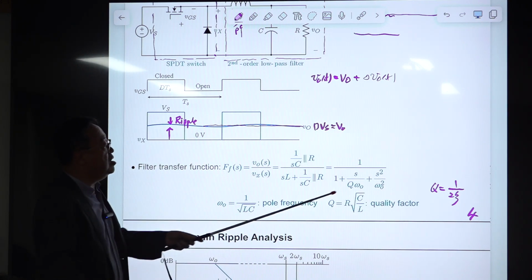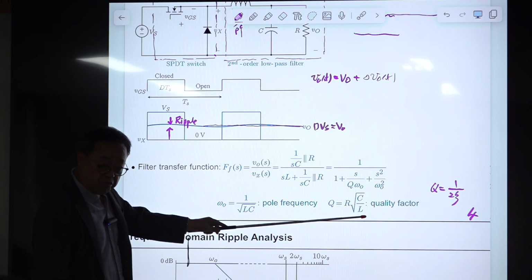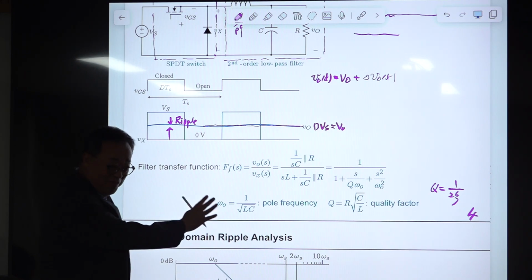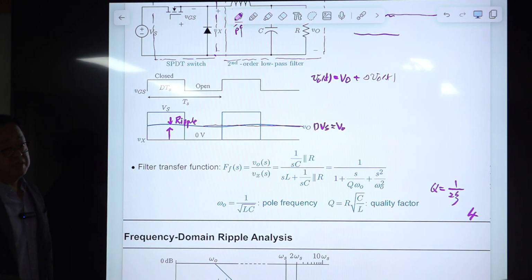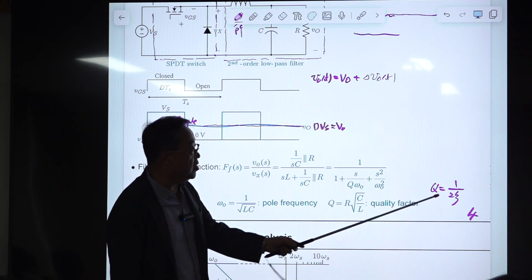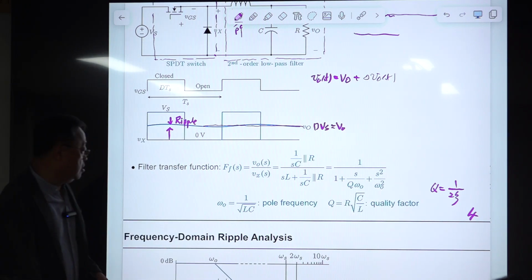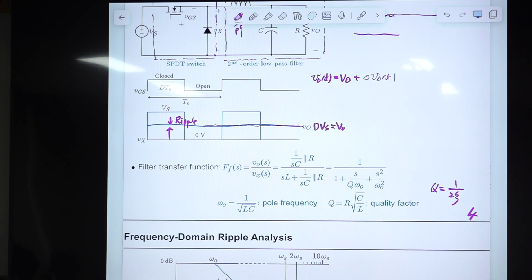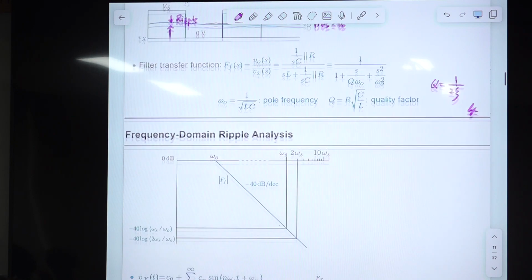Q here is the quality factor, the notation for power electronics. For something else, like control theory, they use zeta. Then zeta is 1 divided by 2Q. All right. So this is the transfer function.